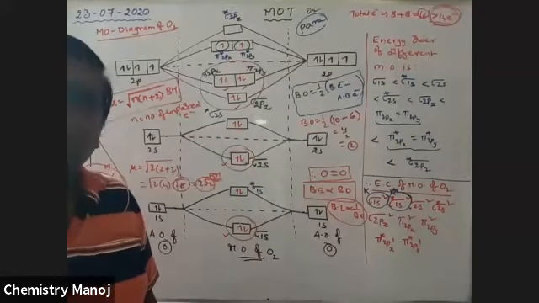So now I'm going to demonstrate for 14 electrons or fewer. The concept is applicable for less than or equal to 14 electrons. I'm taking the N2 molecule as an example.